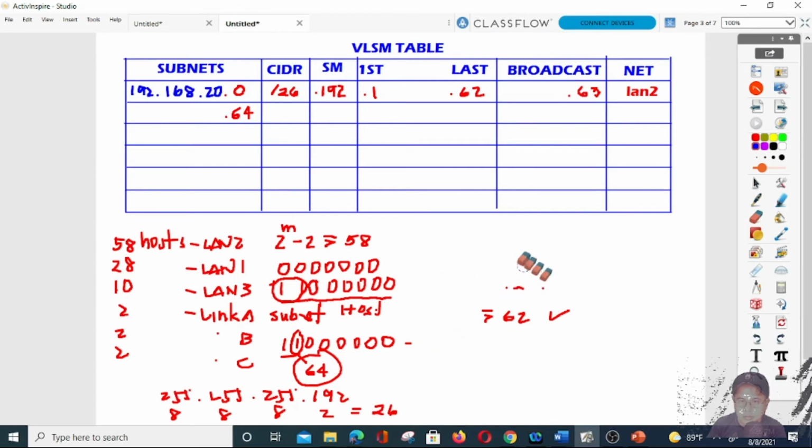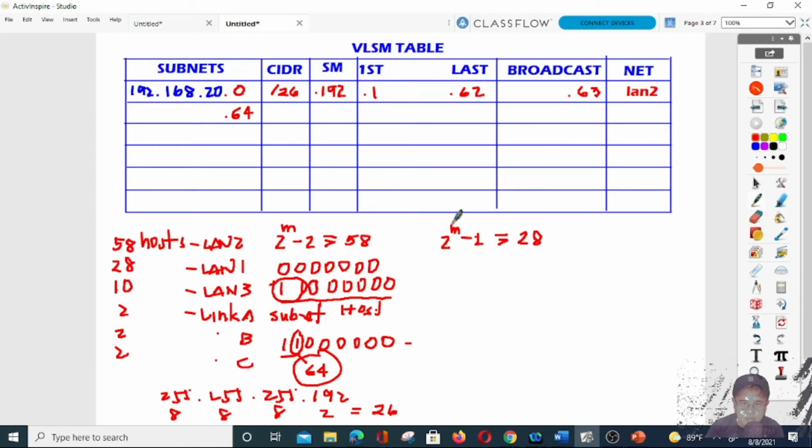So our next requirement is 28. 2 raised to m minus 2 is equal to or greater than 28.